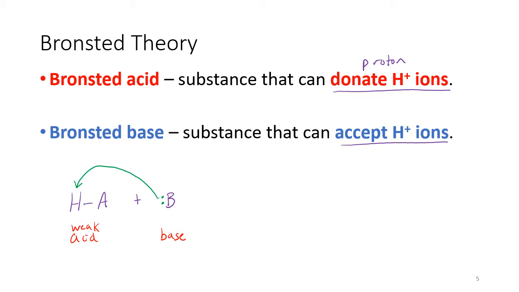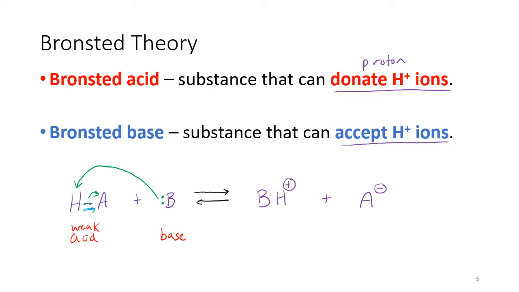So the electrons contained within this covalent bond right here stay with A. So our products then will be the base grabbed a hydrogen, so now it's BH, and it took H+ with it, so this species will develop a positive charge, it'll be BH+. Plus we're left with A, and A will develop a negative charge because those electrons in that covalent bond stayed with A right there. So the base always abstracts a proton from the acid, not the other way around.